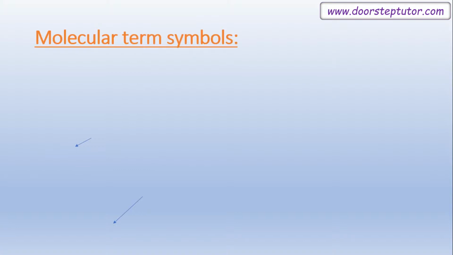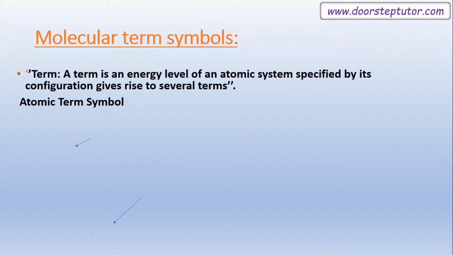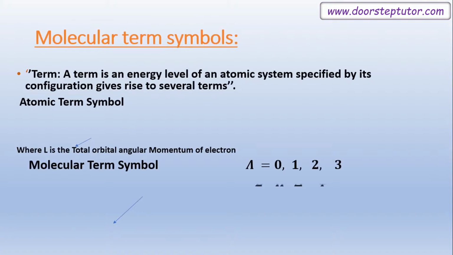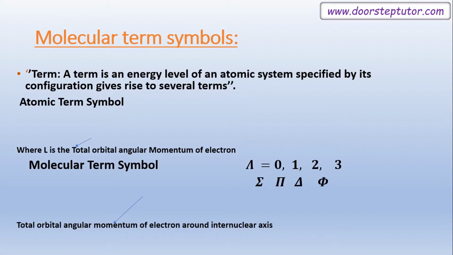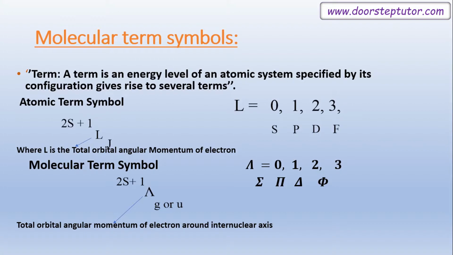In molecular term symbol, in place of lambda, we can represent it as lambda. In the atomic term symbol, the subscript is a capital J, that is the coupling constant.